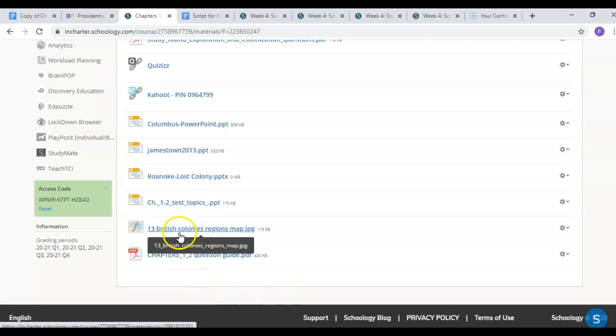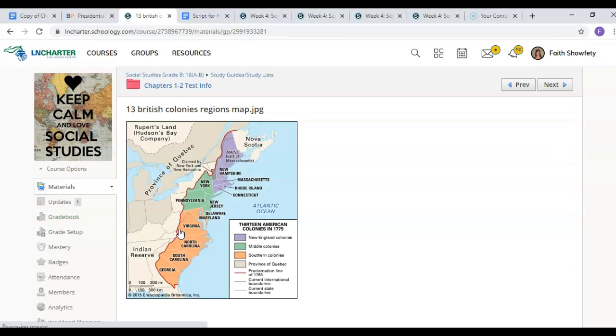Here's the other map I was talking about for the 13 British colonies. I will actually click on this so you guys can see it. I believe I gave you this as one of your warm-ups to refer to. It has in purple, see the purple colonies belong to New England.